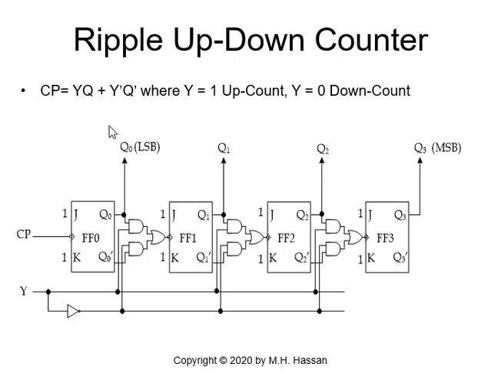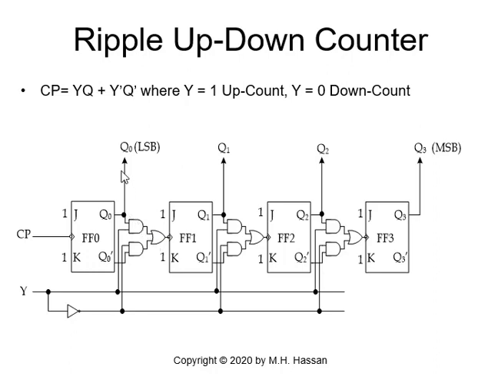And the clock pulse for flip-flops 1, 2, and 3 will be according to this Boolean function: Y Q or Y prime Q prime. If Y is 1, I'm choosing Q. If Y is 0, I'm choosing Q prime. As simple as this. So it is two AND gates and an OR gate between the flip-flops.